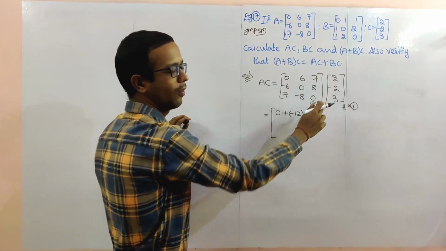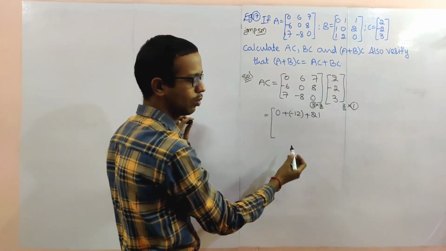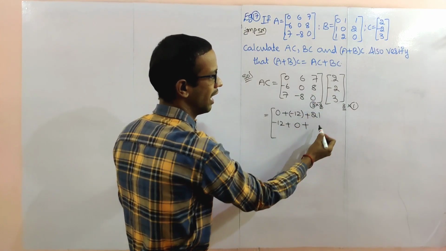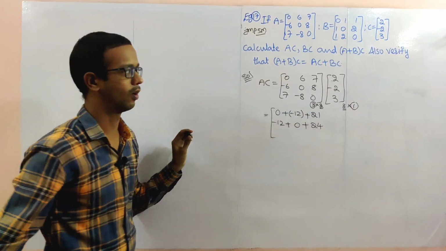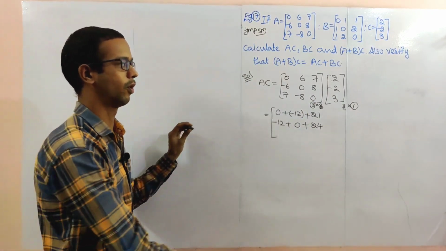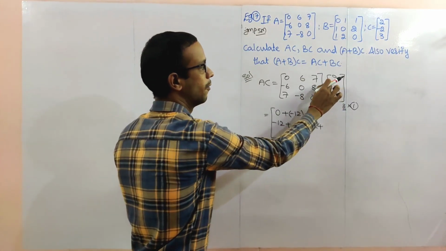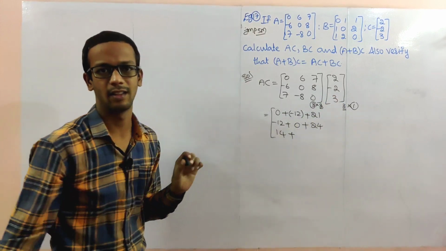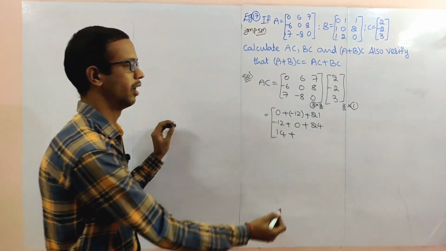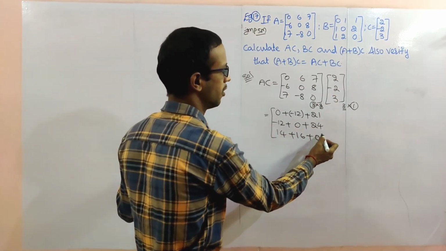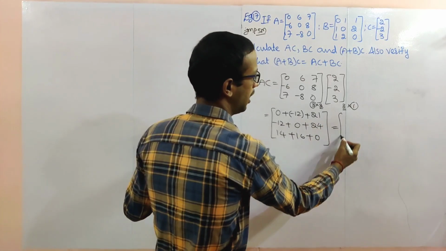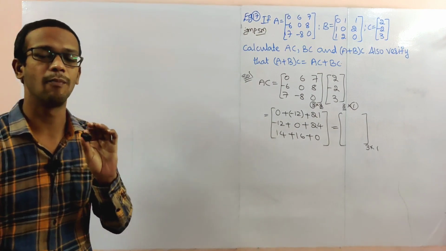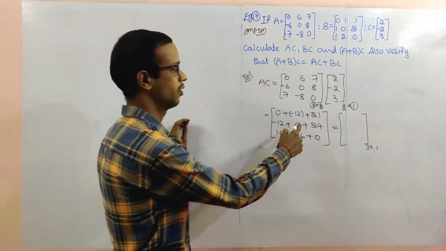Next, second row, first column: minus 6 into 2 is minus 12 plus 0 into minus 2 is 0, 8 3s are 24. Next, 7 2s are 14 plus minus 8 into minus 2 is 16, plus 0. So AC is a 3 by 1 matrix; AC is compulsorily a 3 rows, 1 column matrix.